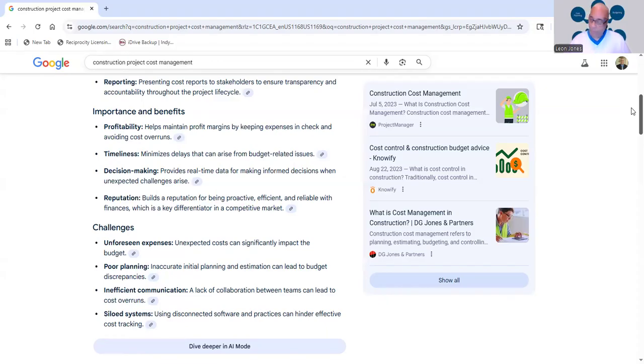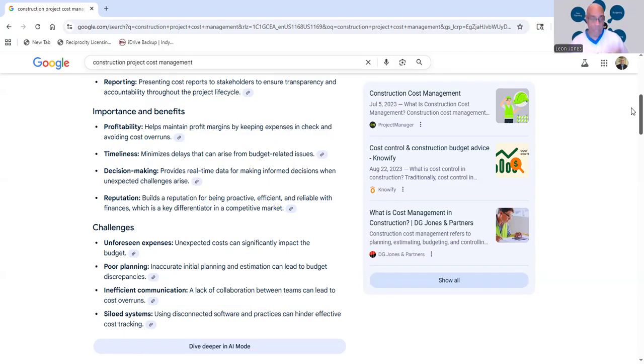Poor planning. Inaccurate initial planning and estimation can lead to budget discrepancies. Inefficient communication, a lack of collaboration between teams, can lead to cost overruns.